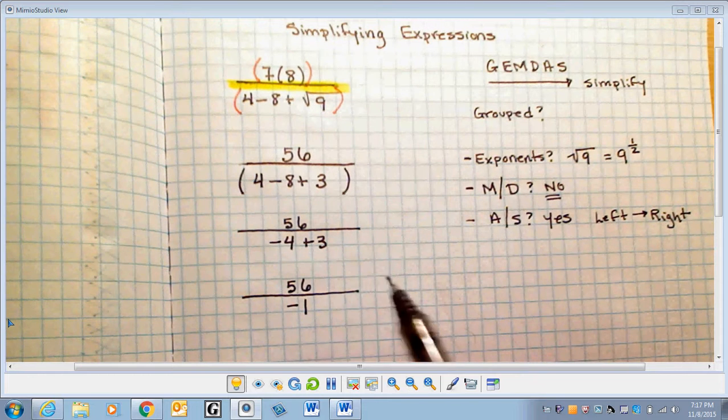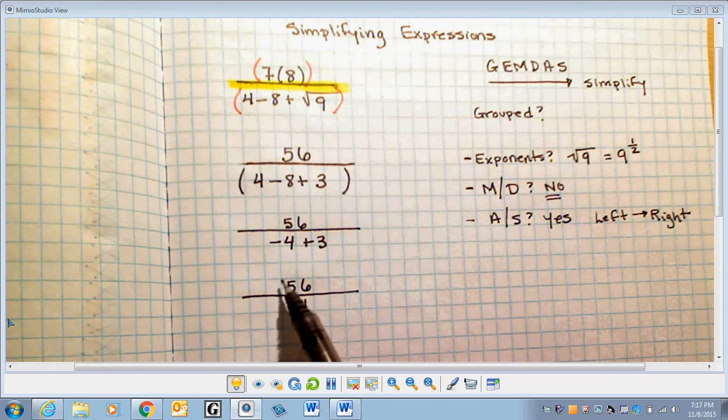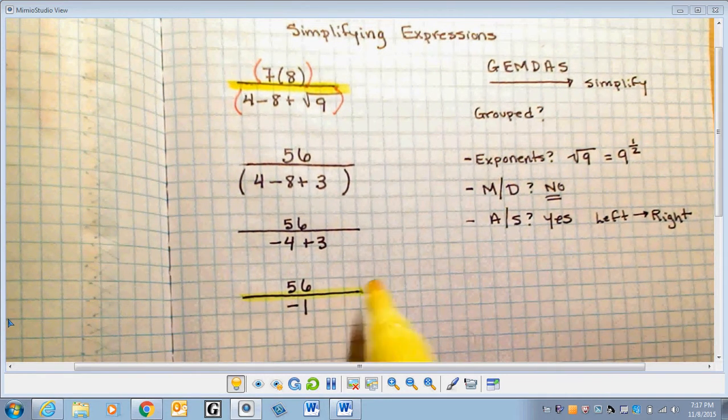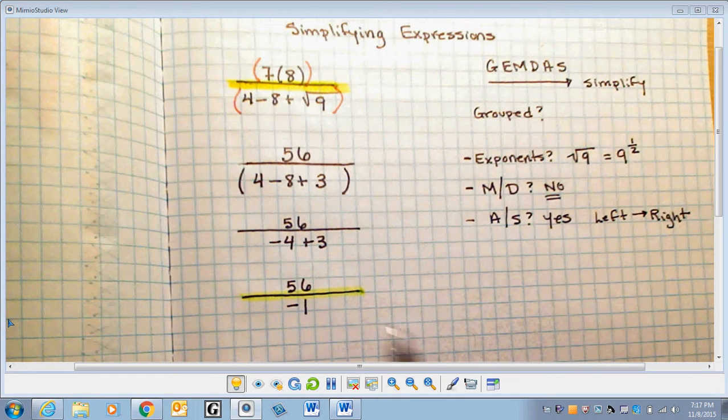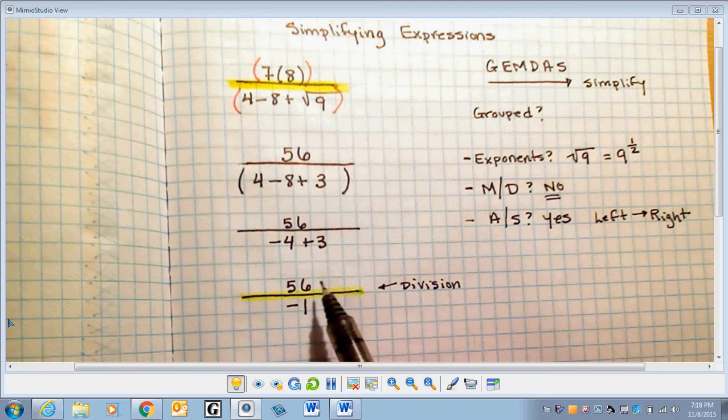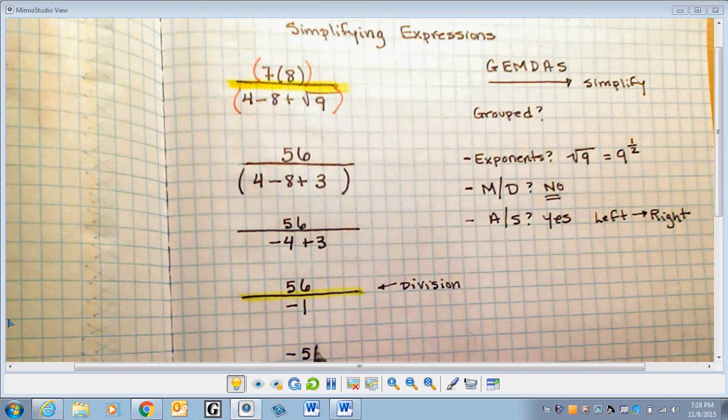Now I have just a simple group, something on the top and something on the bottom. I only have one grouping right here, which is my division line. But because there's no math happening at the top, that's just a number, and no math happening in the bottom, that's just a number, I don't have to worry about grouping anymore. I can look at this as simply division. So that means I have 56 divided by negative 1, which gives me negative 56.